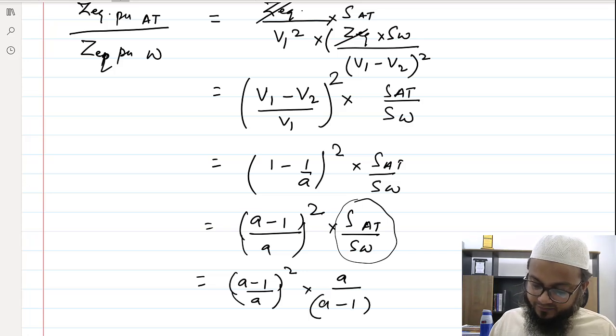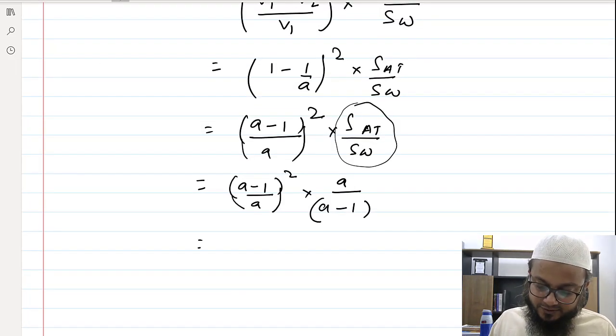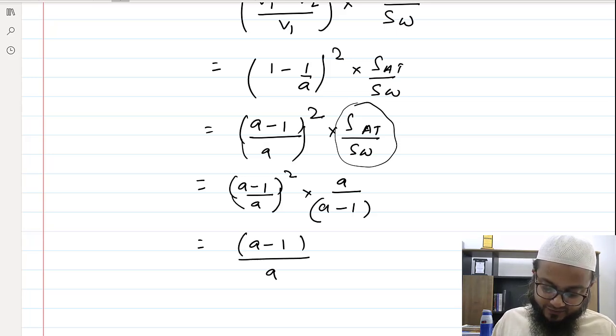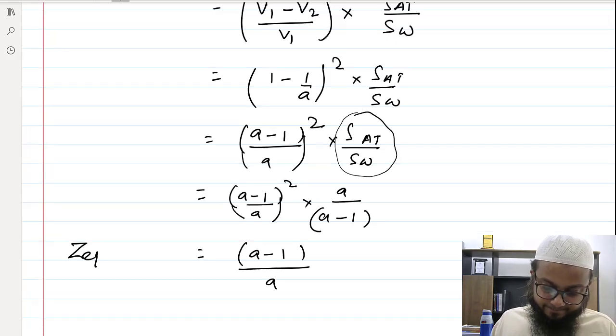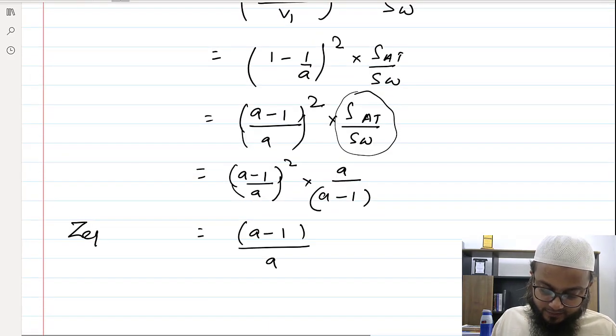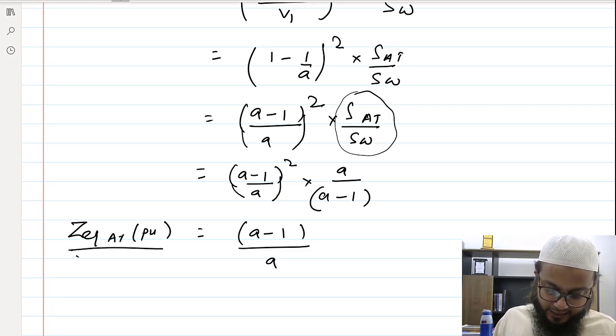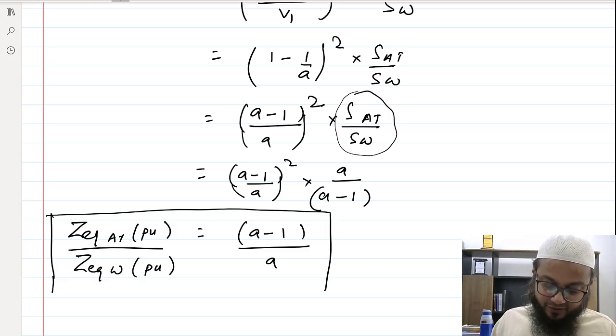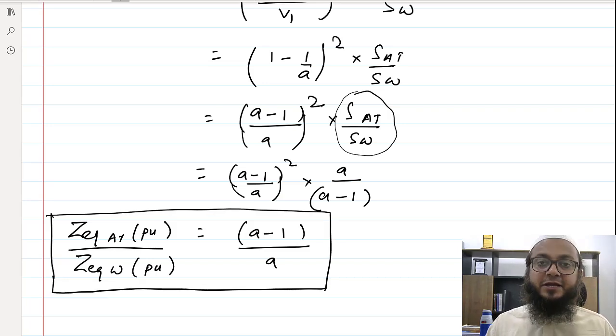So this ultimately becomes (A minus 1) upon A. So the ratio of Z equivalent for auto transformer in per unit and Z equivalent for winding in per unit is this. Inversely, this ratio is the inverse of the apparent power rating ratio, right?